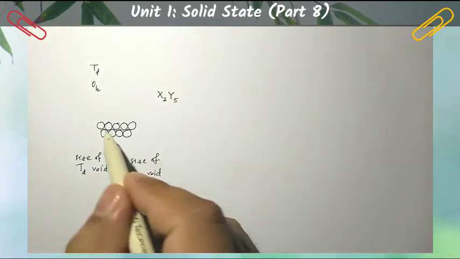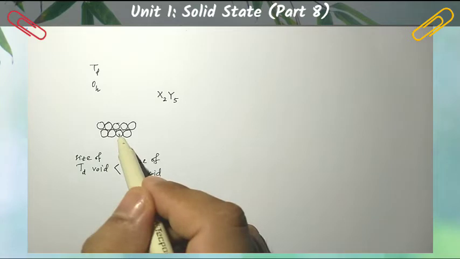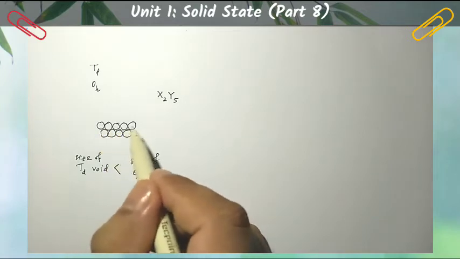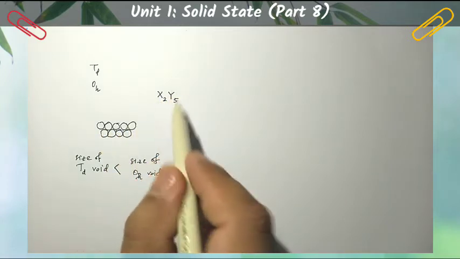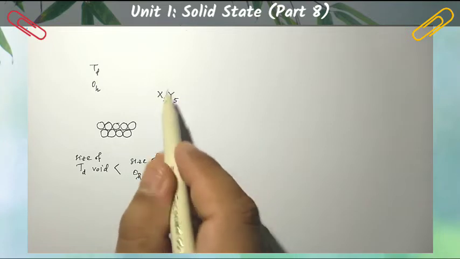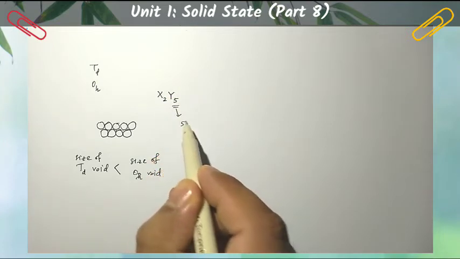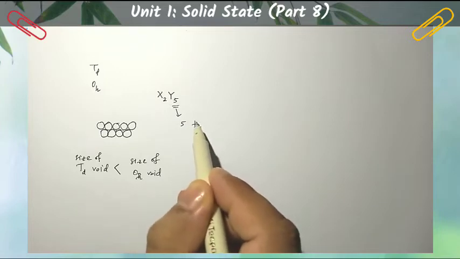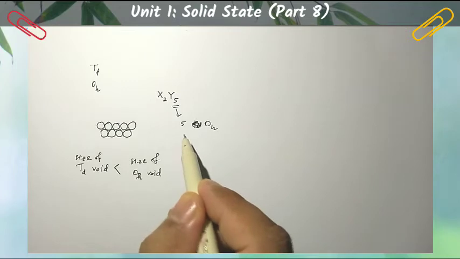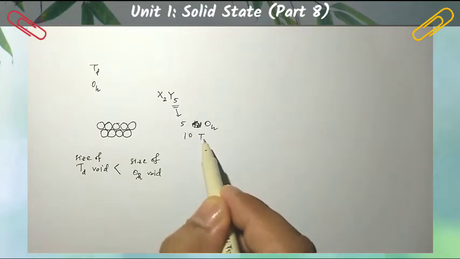That means 5 spheres will be present, and these spheres will form 5 octahedral voids and 10 tetrahedral voids.